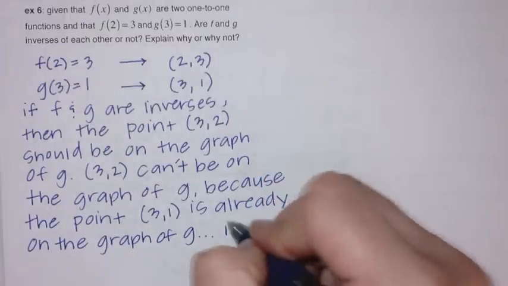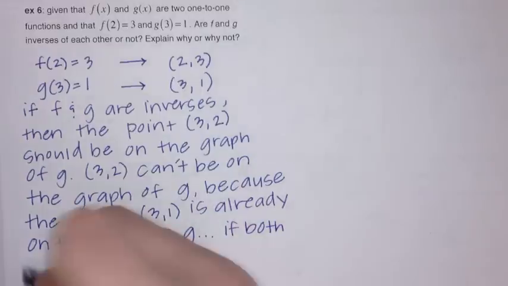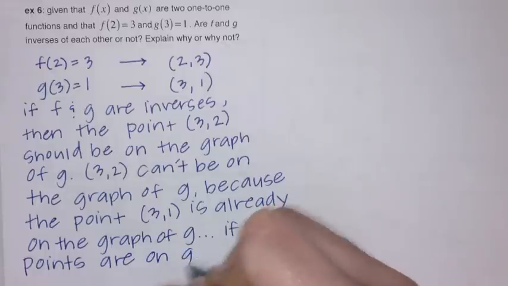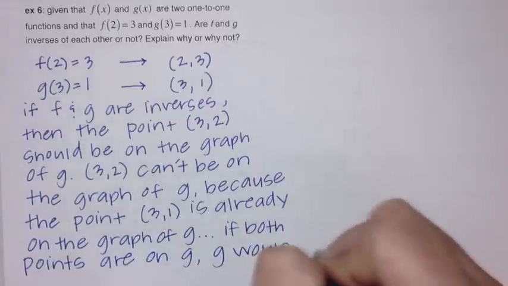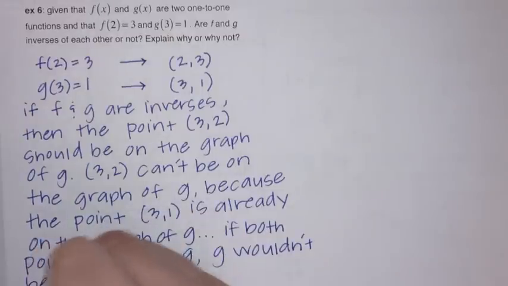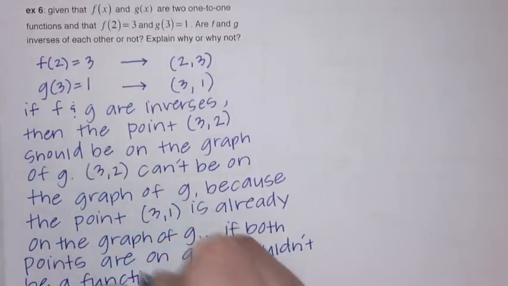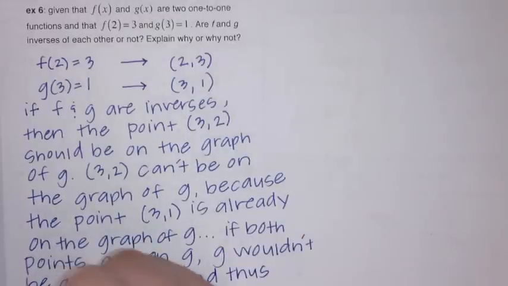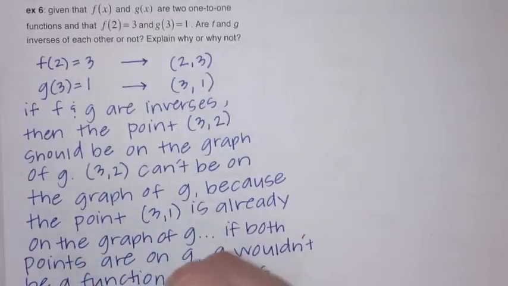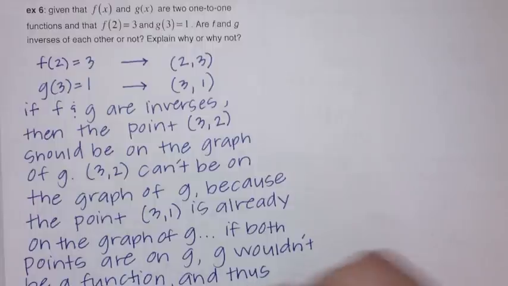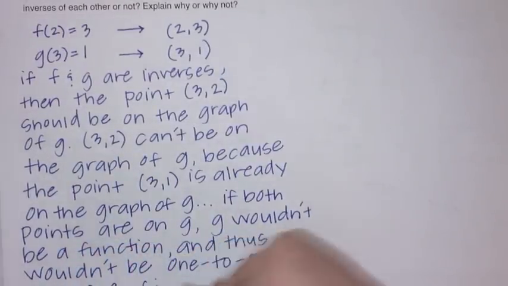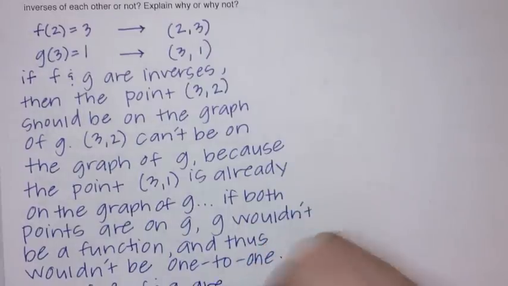If both points are on g, g wouldn't be a function, and thus wouldn't be one-to-one. Therefore, f and g are not inverses.